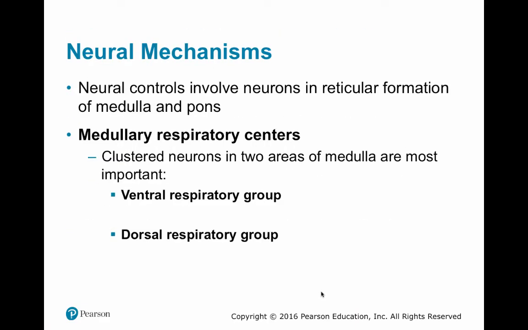Now, there are neural mechanisms that control respiration, the respiratory centers, which are the nerves in the reticular formation of the medulla and the pons. The medullary respiratory centers are a cluster of nerves in two areas in the medulla that are most important.